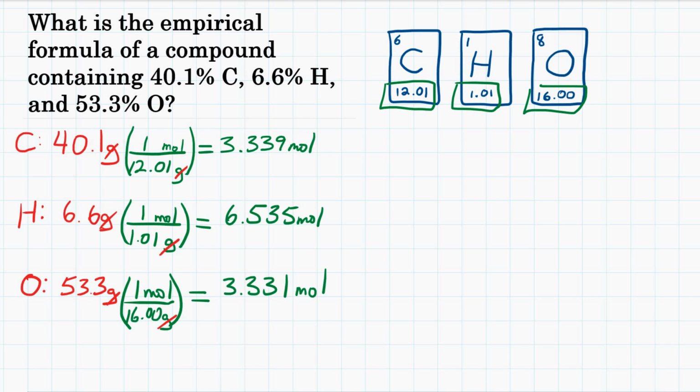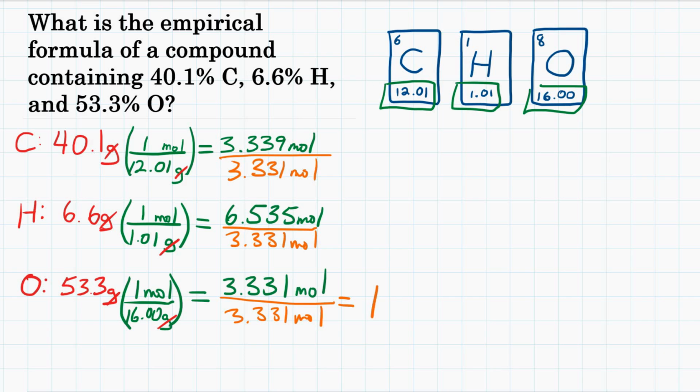Okay, so we have the moles of each of these three elements. To turn them into numbers that look a little better, we're going to take each of them and divide by the smallest. So we're going to divide each of these three by 3.331. And we know for oxygen, since it's the smallest amount of moles, dividing 3.331 by 3.331 is exactly 1.